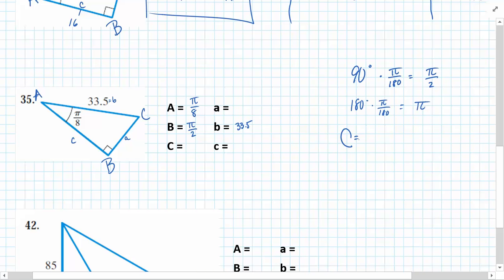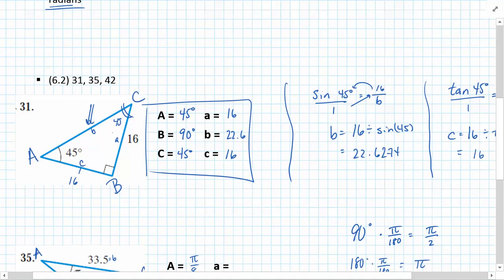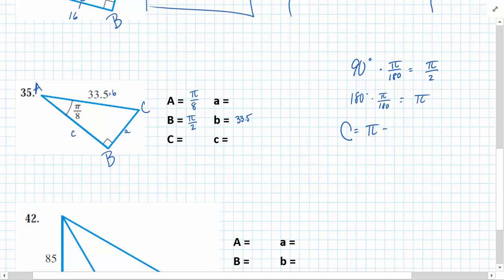So angle C must be equal to pi radians minus the 2 that were there before. This is just like the last example above when I calculated C. That was 180 degrees minus the 2 known angle measures. This time, since we're dealing with radians, it's pi radians minus pi over 8 minus pi over 2.